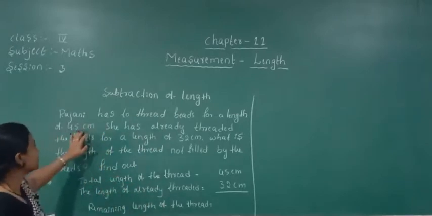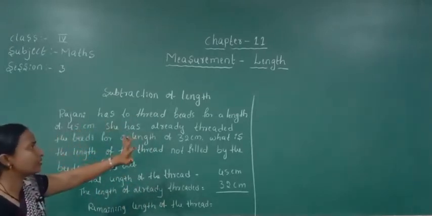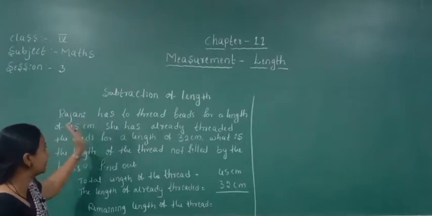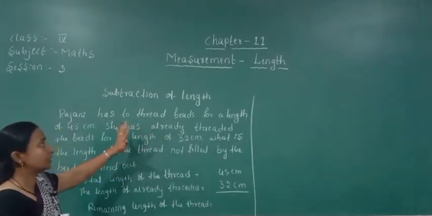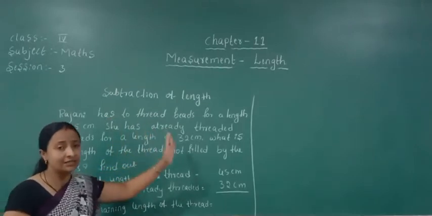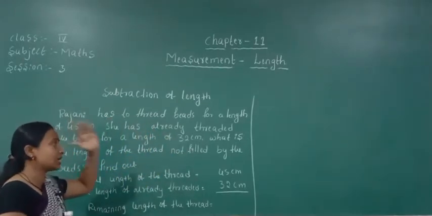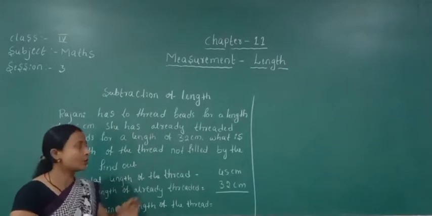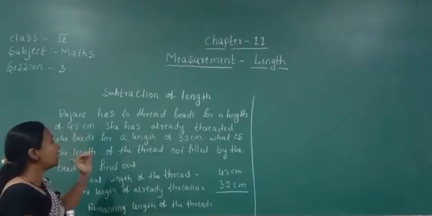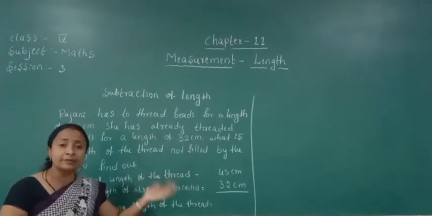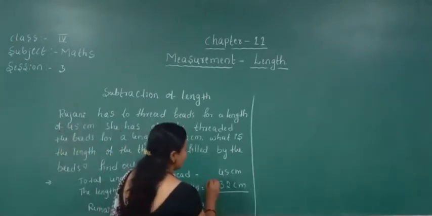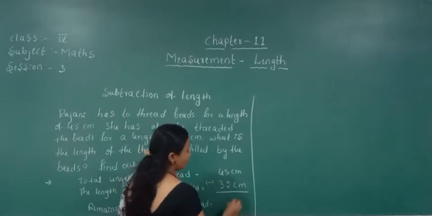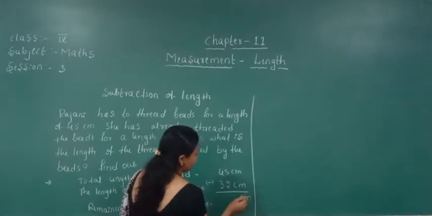Rajni has to thread beads of total length 45 centimeters. She already threaded 32 centimeter. What is the thread length that is not filled by the beads? The remaining thread, what is it? We will calculate here. We will subtract now, centimeters as it is measuring.